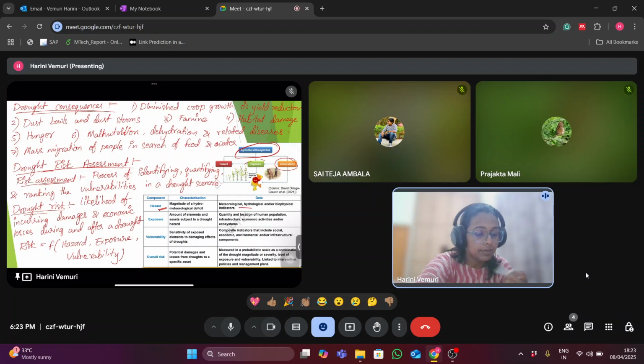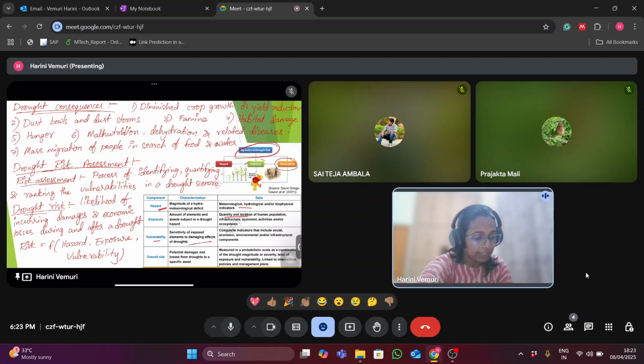So here, what we will be looking into is what is getting exposed, right? The data we need is the quantity and location of human population, infrastructure, economic activities, and or ecosystem. Then vulnerability is characterized as the sensitivity of exposed elements to damaging effects of droughts.